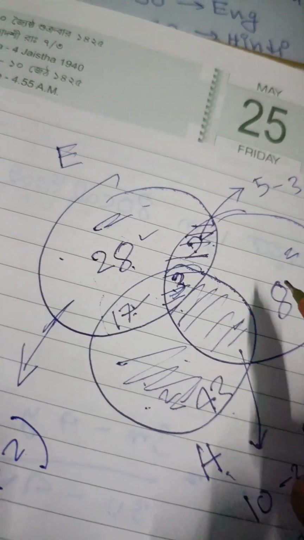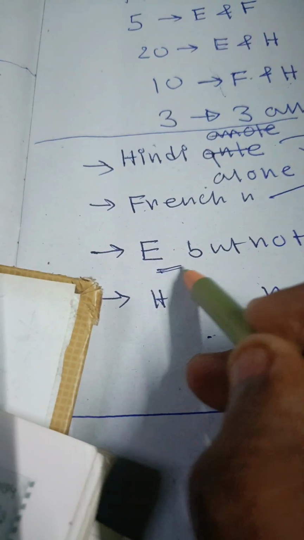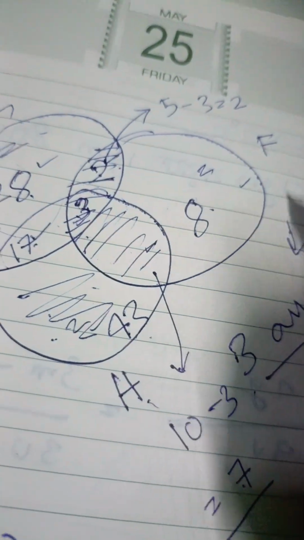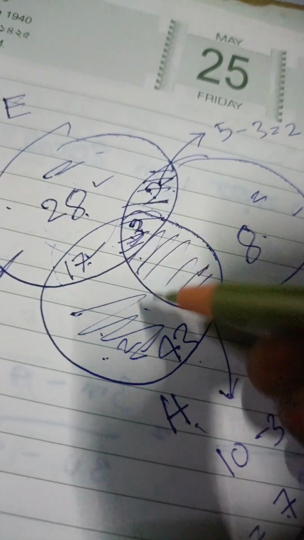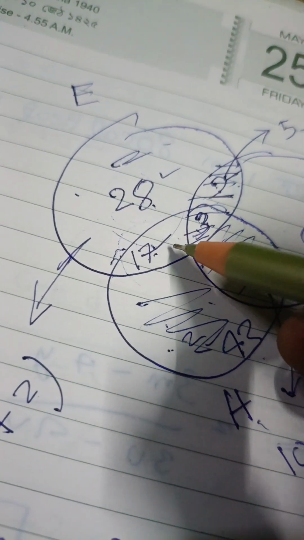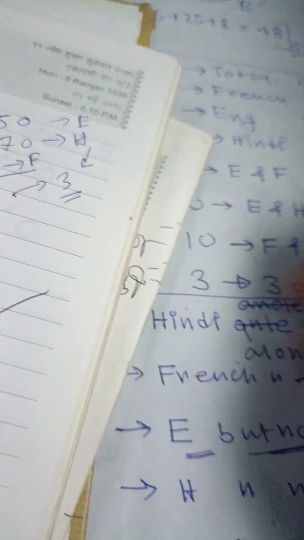So let's see our own Venn diagram. The first part is English but not Hindi. So here is the English part but not the Hindi part.